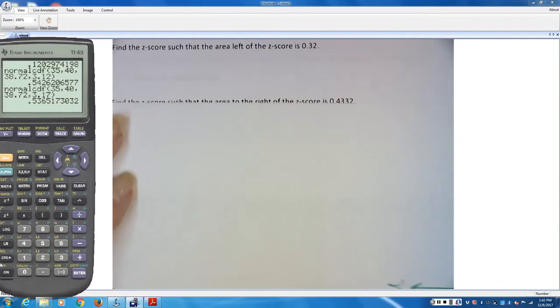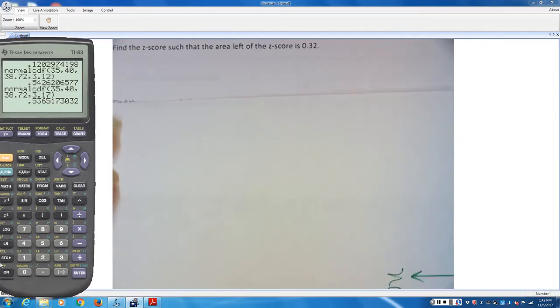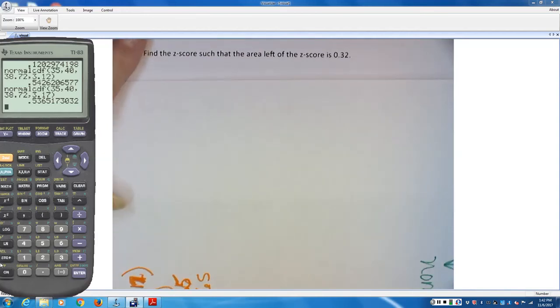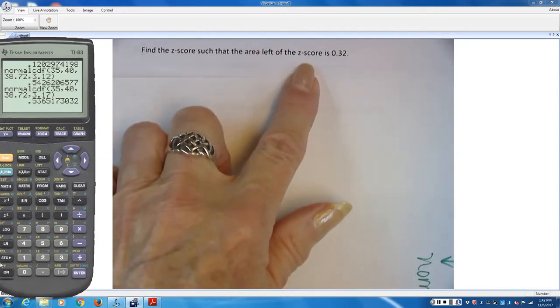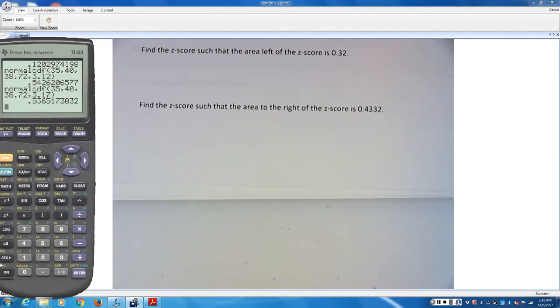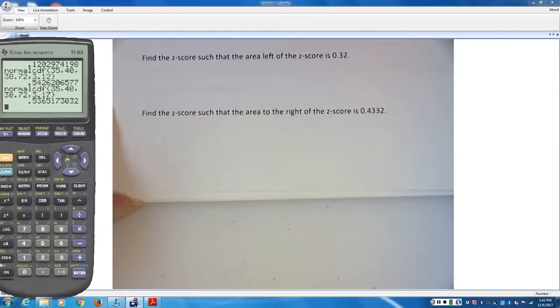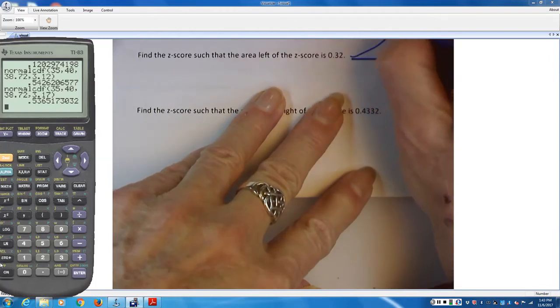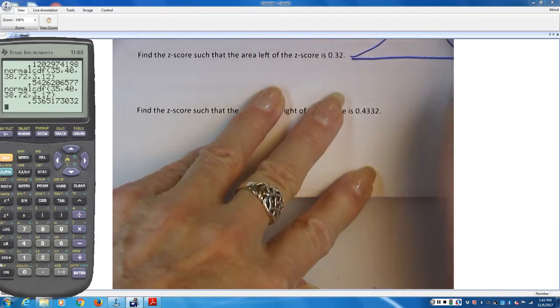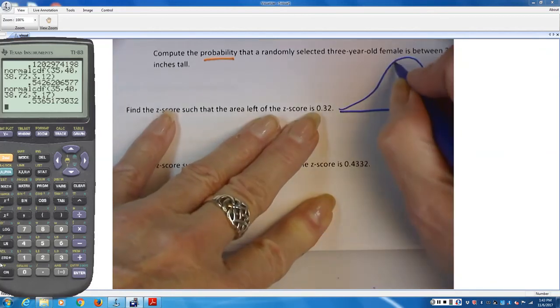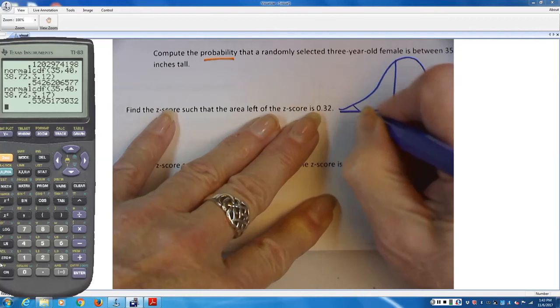Okay, still going with the same problems. It says find the z-score such that the area to the left of the z-score is 0.32. Now this time we're just talking about z-scores. This doesn't go along with the last problem. And 0.32 is about a third of the curve, so maybe somewhere like along there.